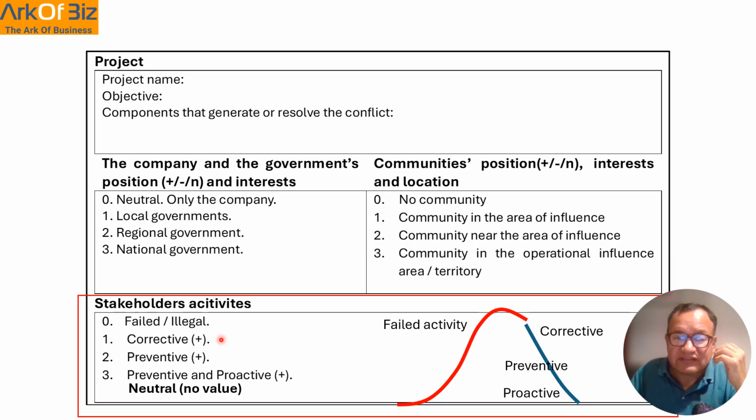Corrected activities are the opposite of the illegal or failed activities. Here, the company is willing to fix the problems. Maybe the company is forced to see the problems, or maybe the company is willing to fix the problem by itself.